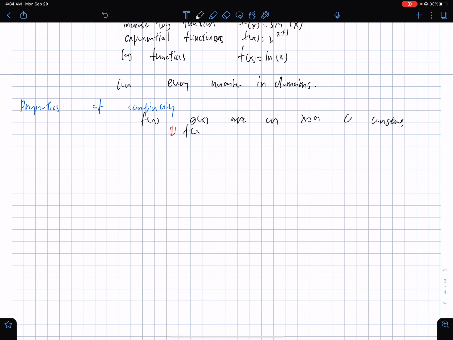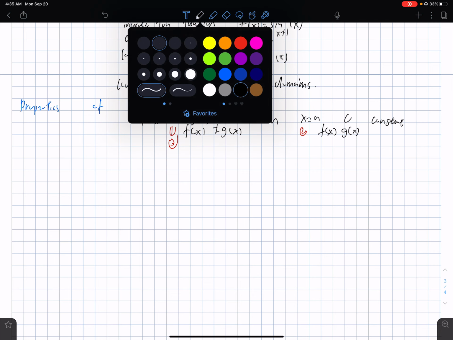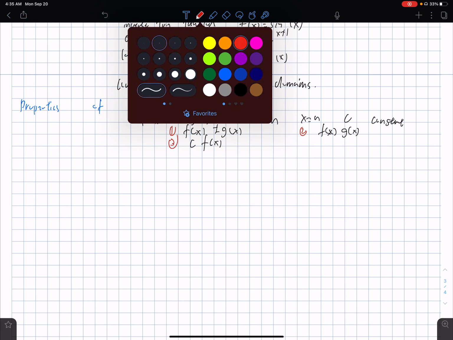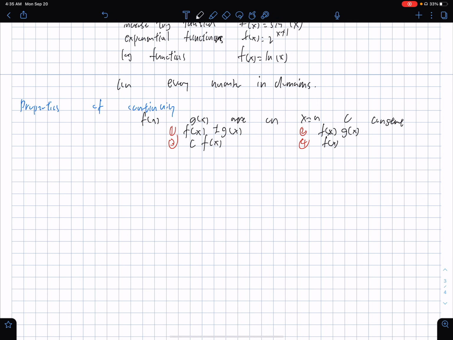So the first function, f(x) plus or minus g(x), is continuous. The second function, f(x) times g(x), is continuous. The third function, the constant times f(x), is continuous. And the fourth function, f(x) divided by g(x), is also continuous, provided that, of course, g(x) does not equal 0.